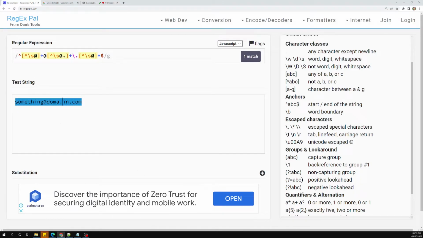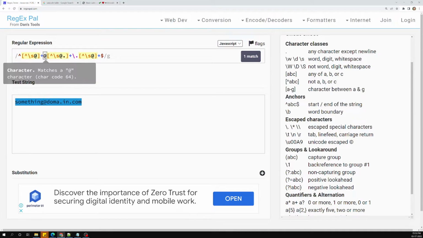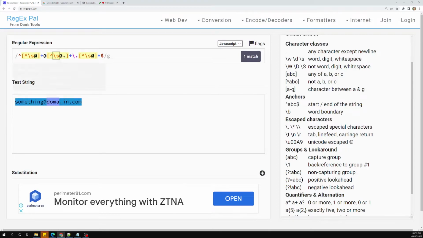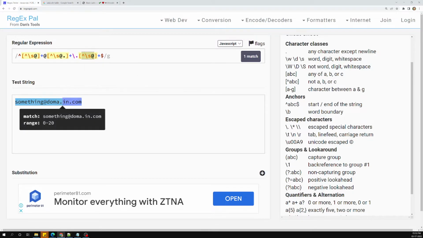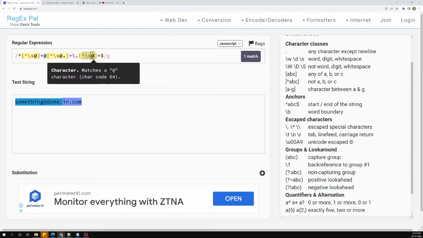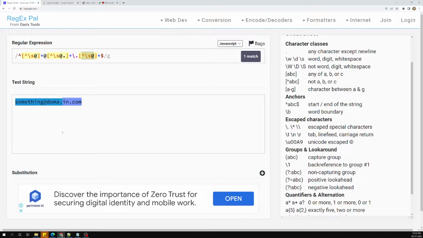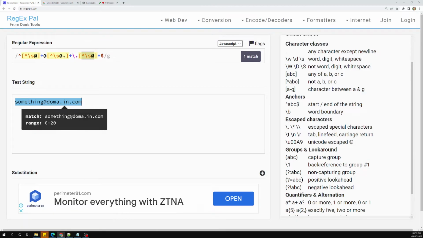Why is it so? The first part is taken and divided by an at the rate, and then the next part is taken and divided with a dot, and here I am mentioning what it should not contain. So this entire thing is a regular expression pattern for this. The entire thing should not contain any space or at the rate, but it can contain a dot. Sometimes that is valid, because we have domains like co.uk, co.in.